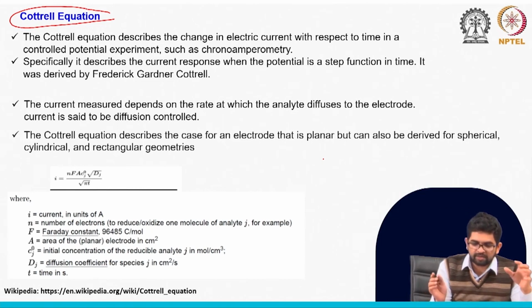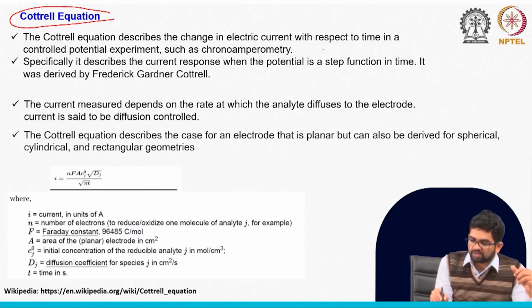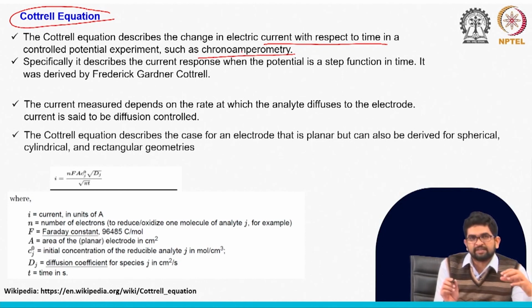Here you are applying a fixed potential and you are getting the output current. So you are measuring current with respect to time by chronoamperometry, and there can be some change of current with respect to time, which you can explain with the help of the Cottrell equation.